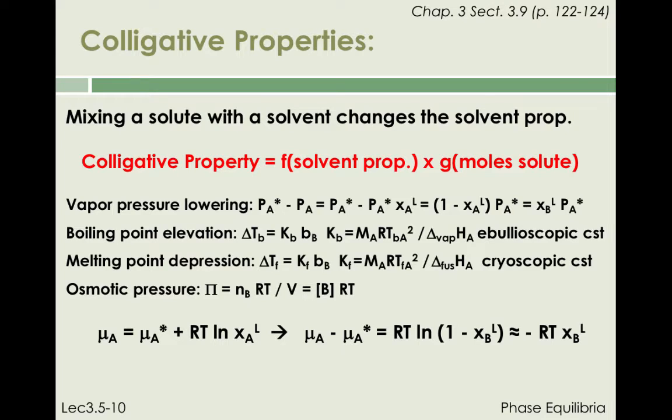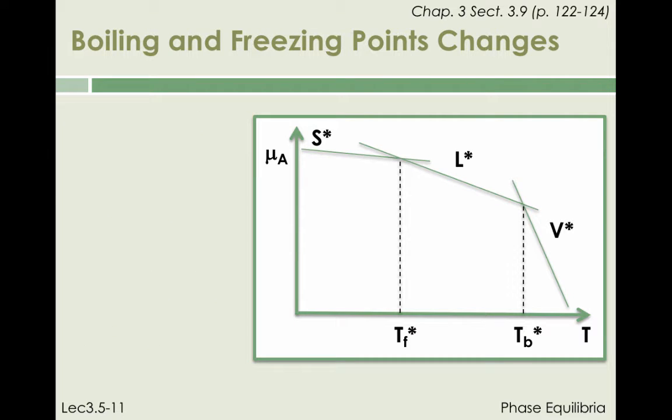All these properties derive from the fact that μAL, the chemical potential of the solvent in solution, is depressed below that of the pure solvent by an amount that, for dilute solution of B, is proportional to the mole fraction of solute B. Rather than justifying quantitatively the existence of a freezing point depression and a boiling point elevation for the solvent in solution, we will provide a qualitative description of these phenomena using the same plot of chemical potential versus temperature as we introduced in earlier lectures.